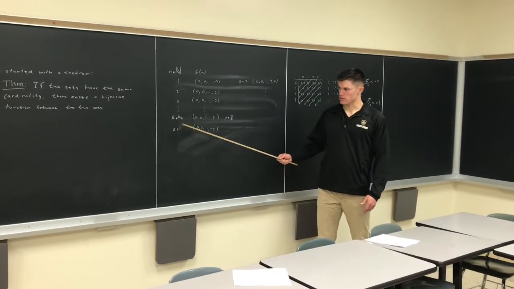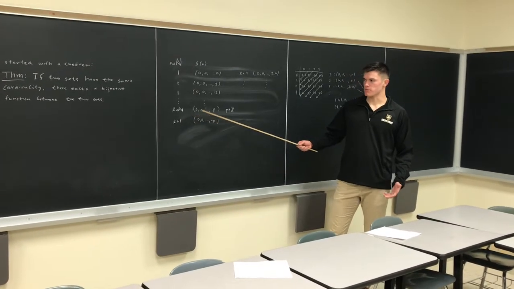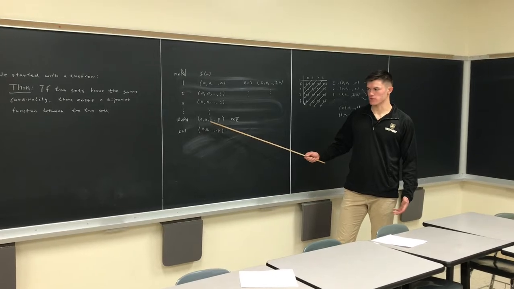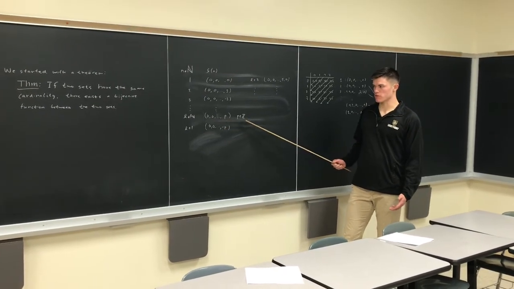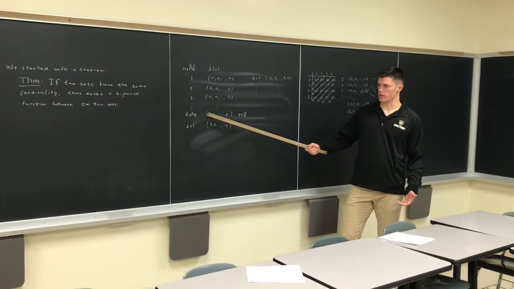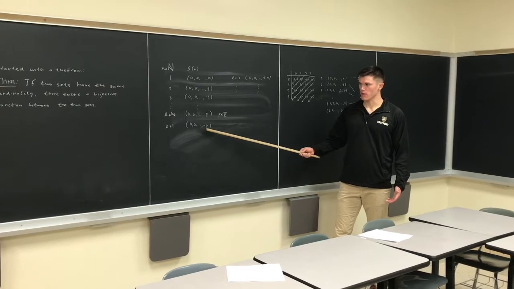And so we said some arbitrarily large natural number L would map to the infinite sequence of all zeros, and then some P, which is an element of Z, and then naturally L plus 1 would map to the same sequence with a negative P.